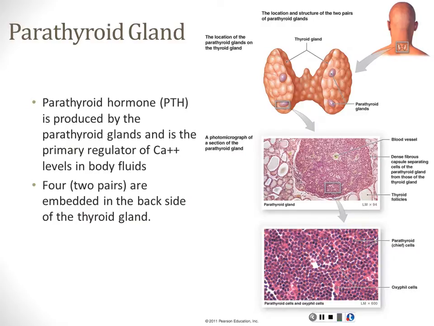All right. So the only other player in the calcium homeostasis is vitamin D. Okay. And you've all heard of vitamin D. Vitamin D's role is right here, really. So we'll say vitamin D. When vitamin D is present, we absorb calcium from our food much better than when it's absent.